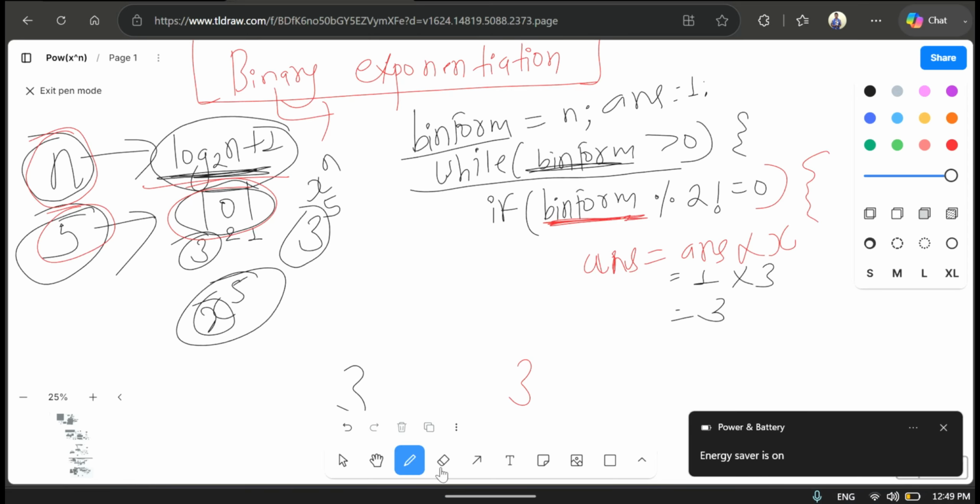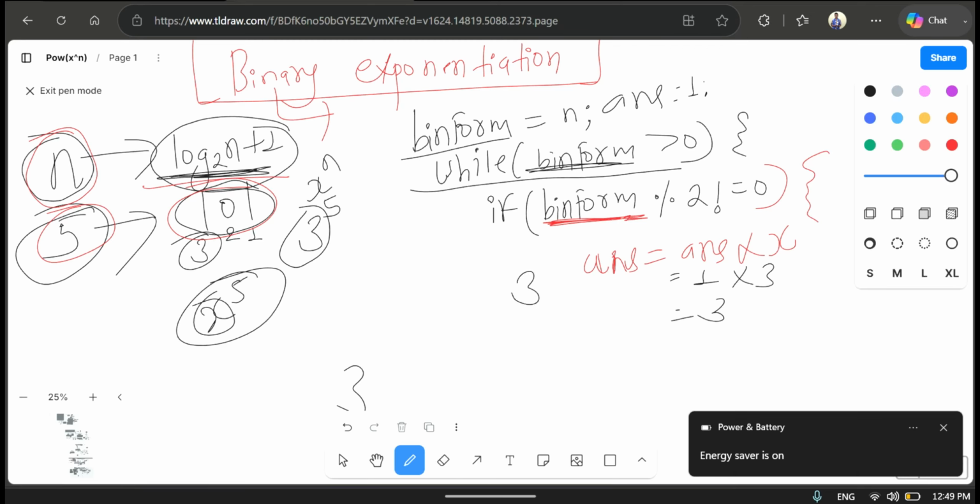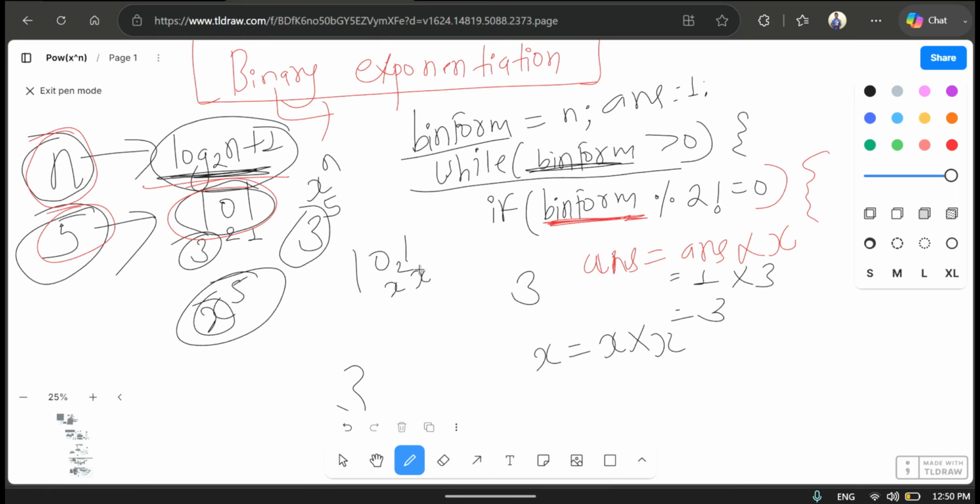All right. Right after you complete your binary form, or check this particular scenario, you have to multiply your x value by itself. X equals x multiplied by x. Well, why are we doing that? The reason is, as I showed you earlier, we represented each position in the binary form with x, x square, x to the power 4, like that, doubling, and we have to do the same thing here.